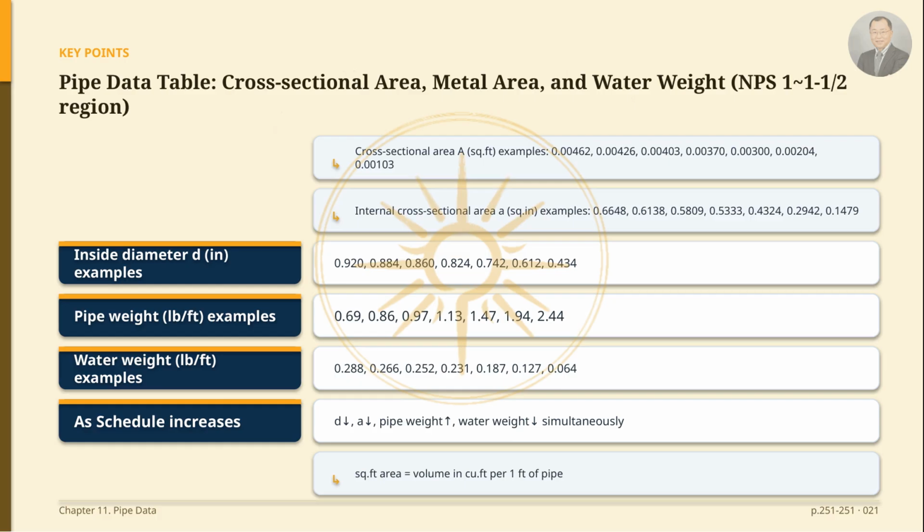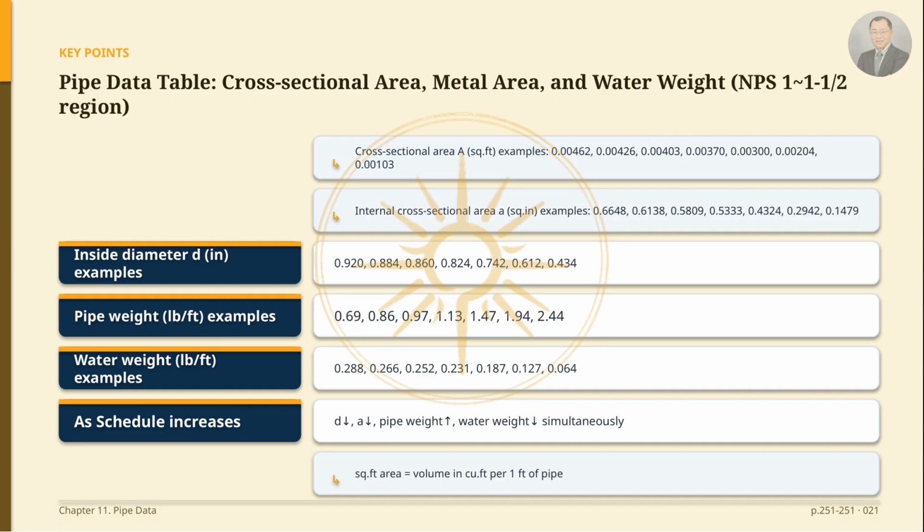This table is a numerical data table for piping in the range of 1 inch to 1.5 inches nominal diameter, showing changes in physical properties according to schedule changes. For example, as the schedule increases, the inside diameter d decreases from 0.920 to 0.434 inches, while the pipe weight tends to increase from 0.69 to 2.44 pounds per foot.